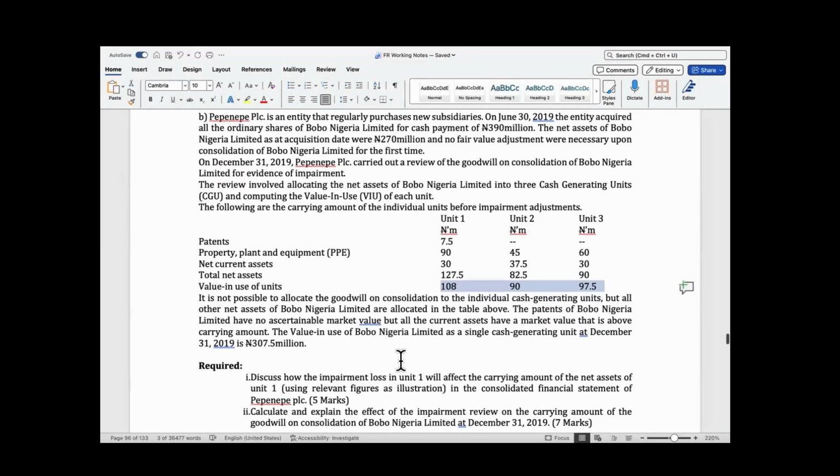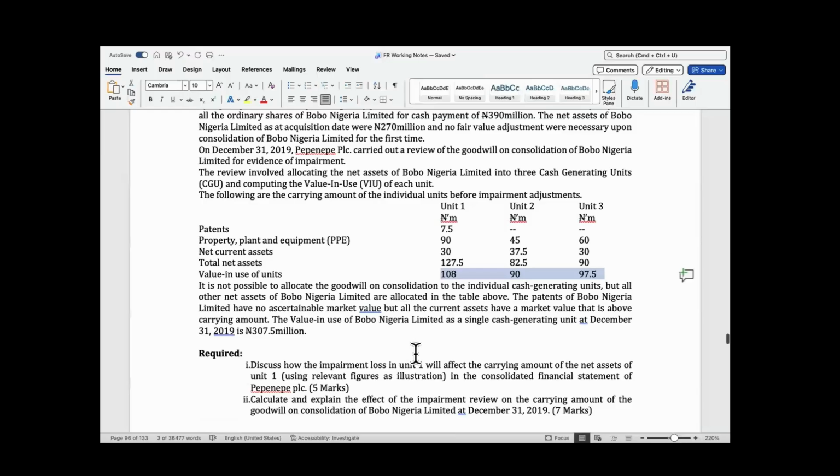Okay, so we're now asked to discuss how impairment loss in CGU1 will affect the carrying amount of the net asset of Unit 1 in the consolidated financial statement. When they say discuss, it's different from just calculate.